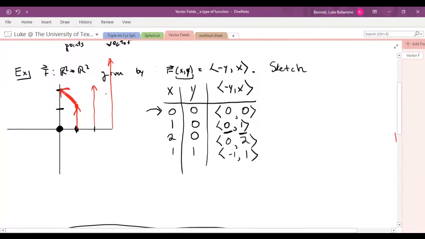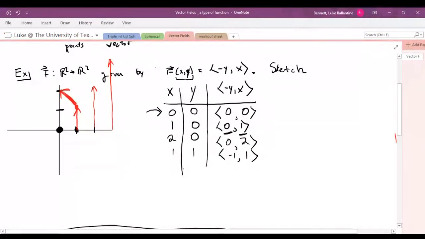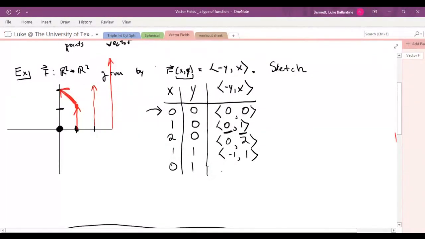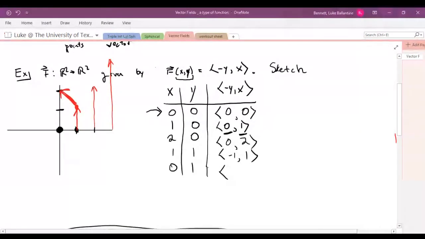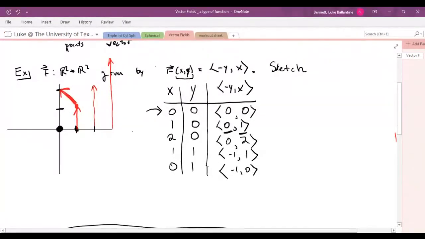What about at the point 0, 1? We get negative 1, 0. That's right. So that would map to this.